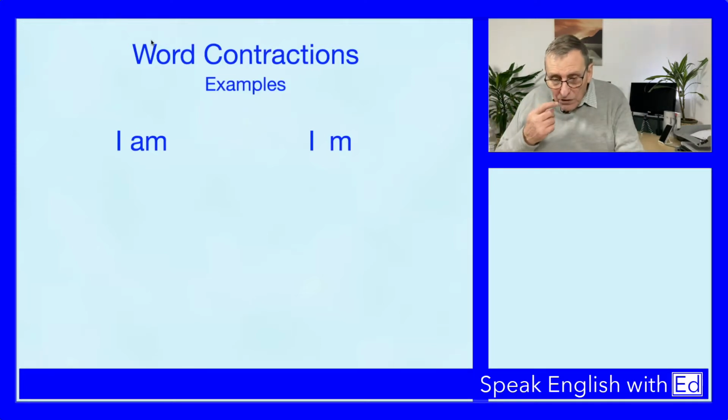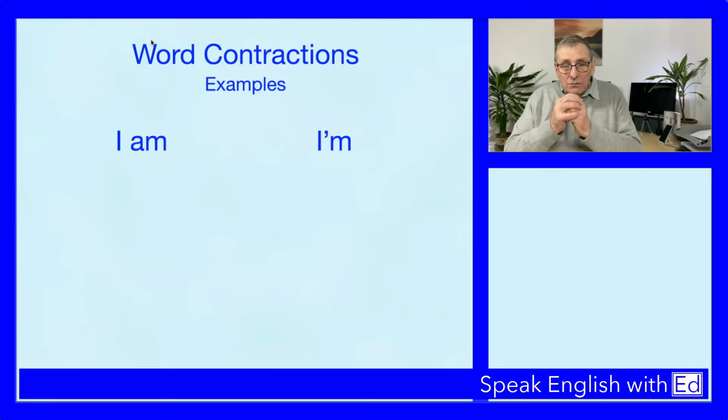And the way we do that is to put an apostrophe in and bring the two together. Apostrophe where we took the letter out. An apostrophe tells you that there's been some letters removed. The apostrophe replaces the letters that we've taken out. So in this case it replaces the A, but you don't say it. You just say I'm.